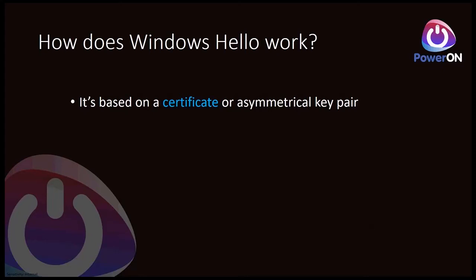Well, you set up Windows Hello, it generates a public and private key pair. So the private key is tied to the device, to the TPM chip, and the public key is tied to the account, whether it's on Azure AD or on-premises AD, or it could be even your Microsoft account if you're using the consumer based scenario of Windows Hello.